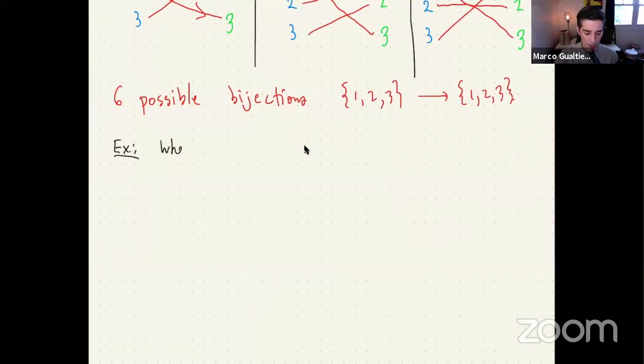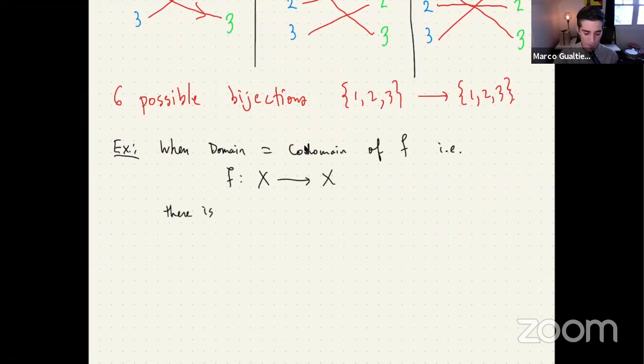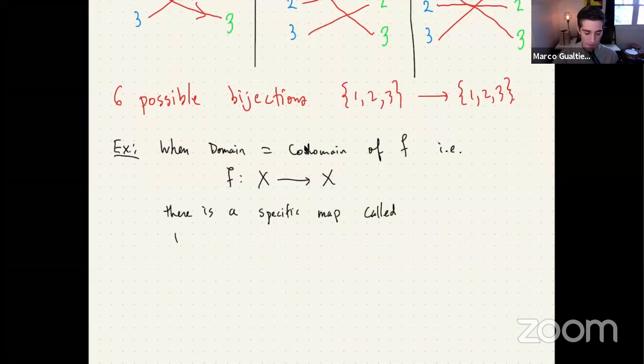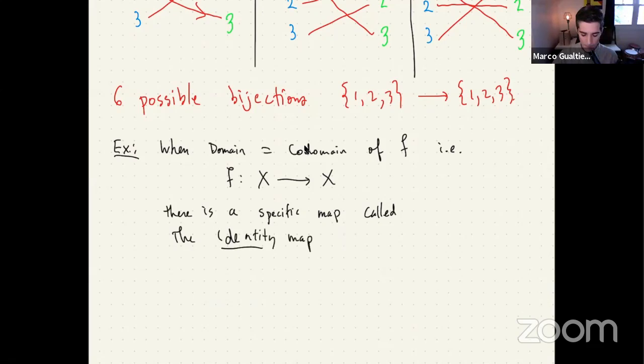So when the domain is equal to the codomain, i.e. f is a map from X to X, there is a natural or specific map called the identity map, written ID_X, or sometimes I_X. There are many names for the identity map.